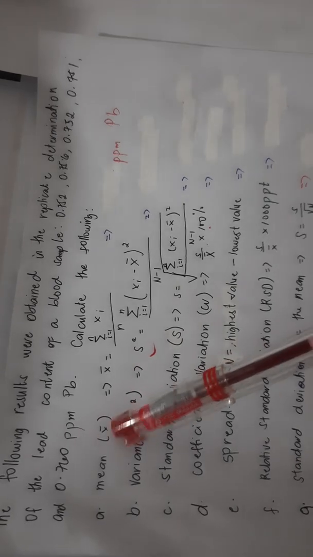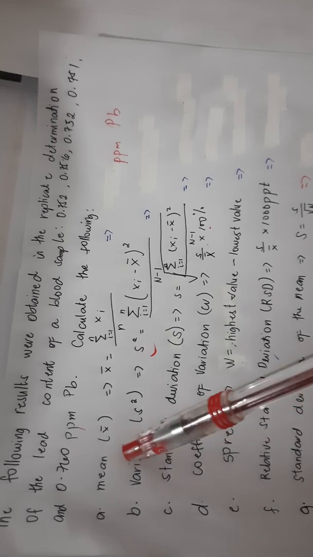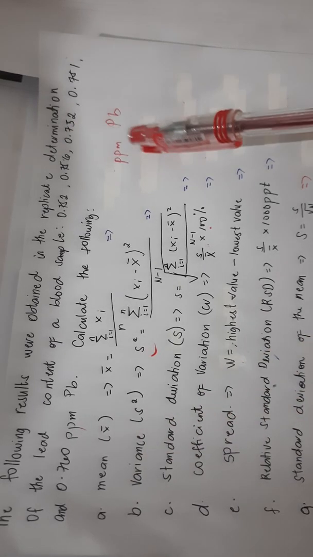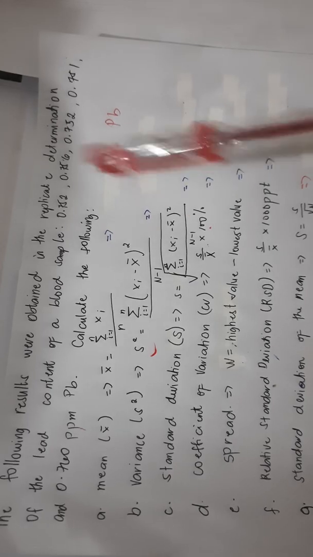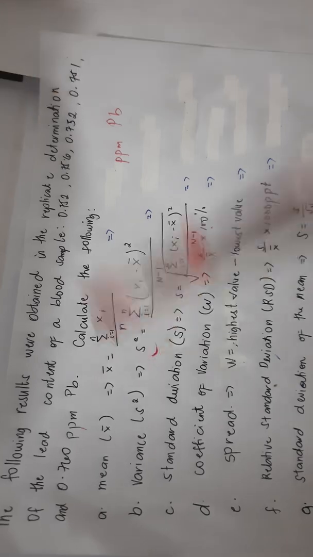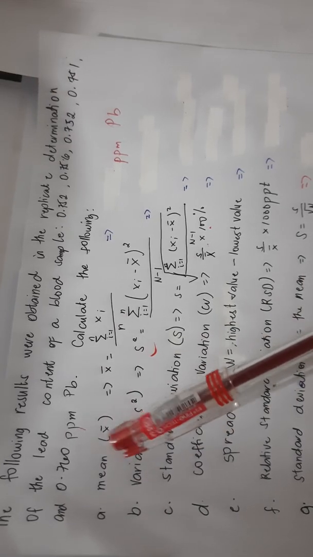Therefore, we are going to use these simple statistics in order for us to really get the true or the most accurate value of our lead content. So we are going to calculate first our mean.